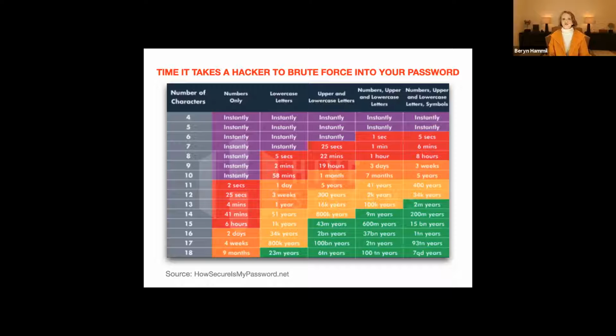And now we get into the interesting territory where I tend to hang out. 11 characters, numbers, upper and lowercase letters and symbols, 400 years. 12 of these in combination would take 34,000 years. 13 units would take 2 million years, etc.